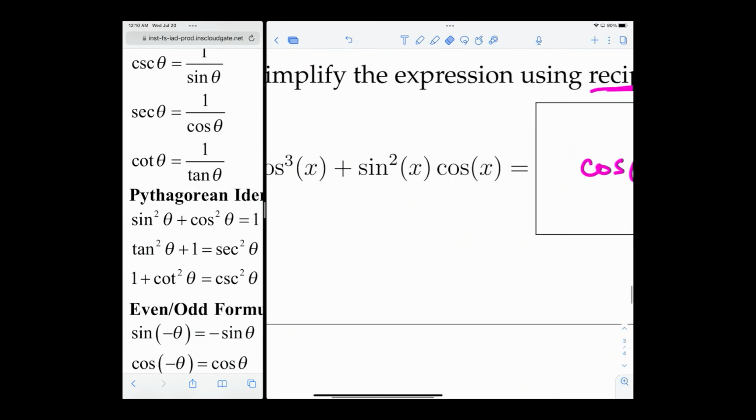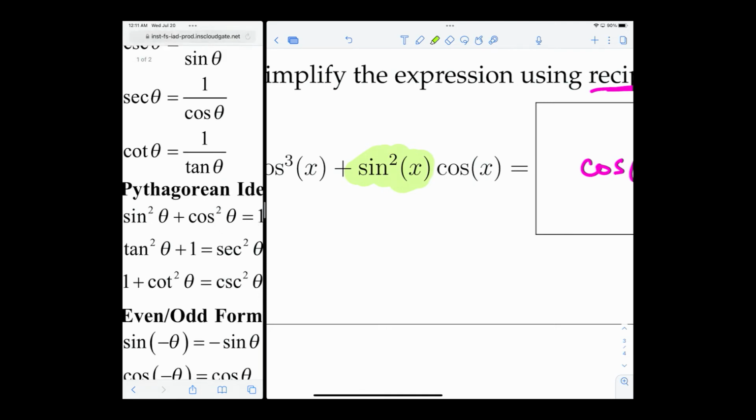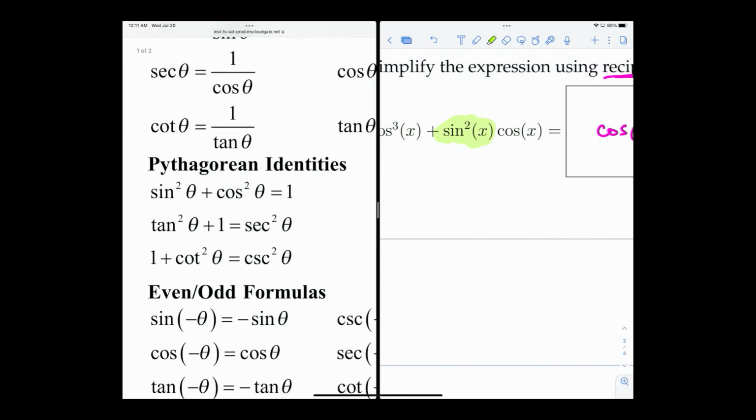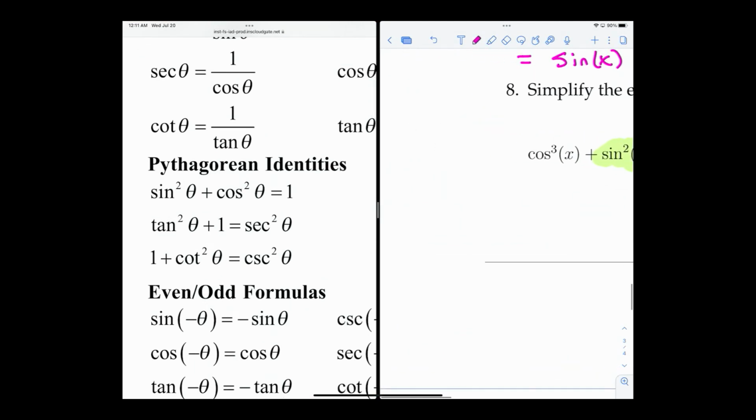Another way to do it would be to say, well, this is a sine squared, and I'm looking at my Pythagorean identity, and it says, off to the side here, sine squared theta plus cosine squared theta is 1, right? So what's a sine squared? If you move the cosine over, you have sine squared theta is 1 minus cosine squared theta, just by subtracting that over to the other side.